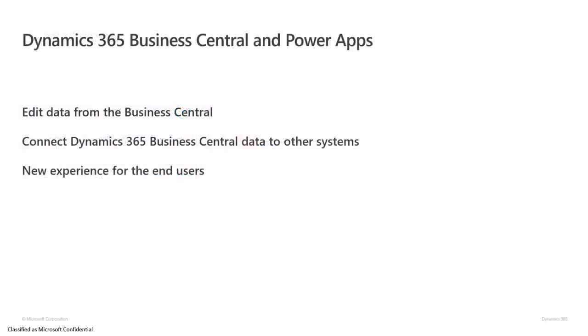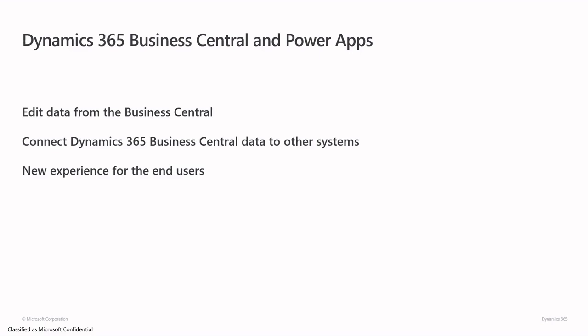So now we know what Business Central is, and what Power Apps or Common Data Service is, and we can see how we can integrate these two tools. When we're speaking about integration of Dynamics 365 Business Central and Power Apps, what we will show you later in the demos is that we can easily edit the data from Business Central with Power Apps. So we will edit data, we will create new records in the tables and so on.